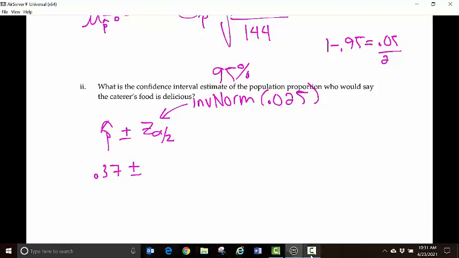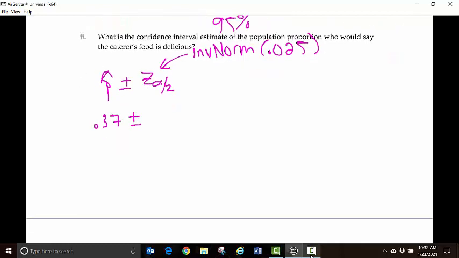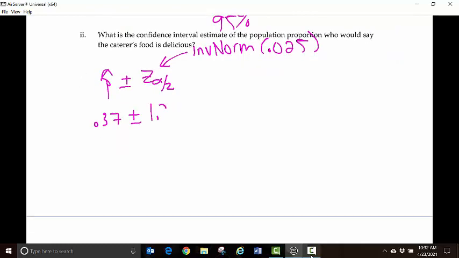And it should come out with 1.96. Okay, so that would be, because I did 95%, 1.96, and then you want the standard deviation of p hat, q hat all over n.